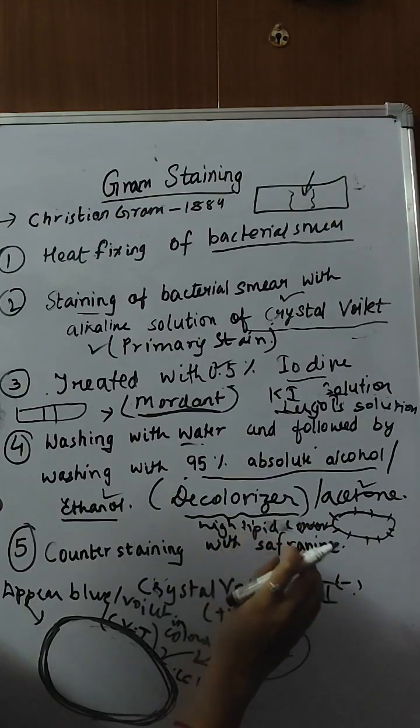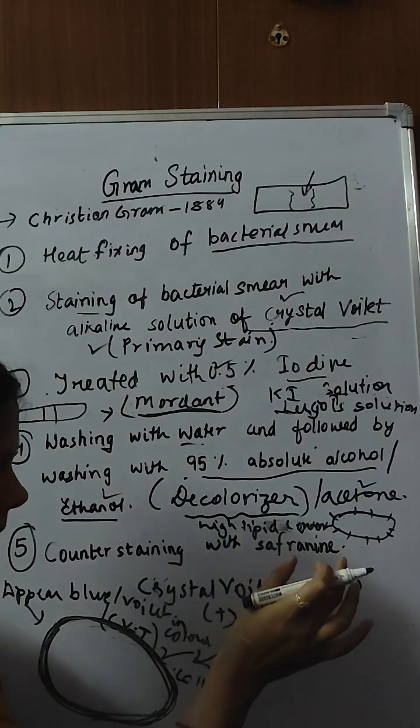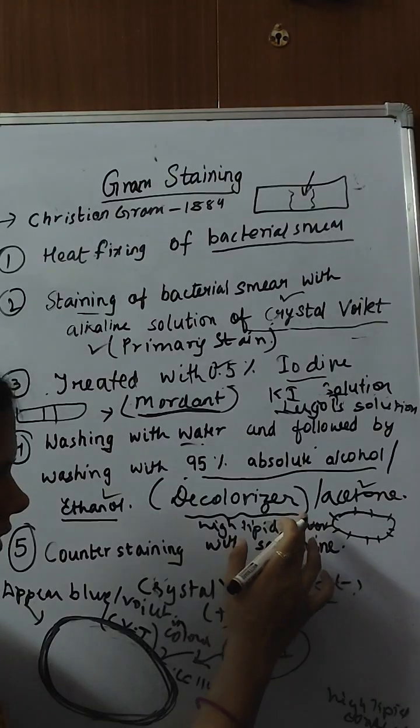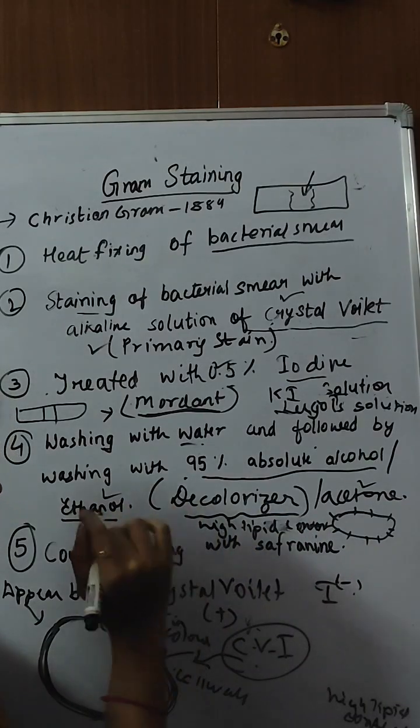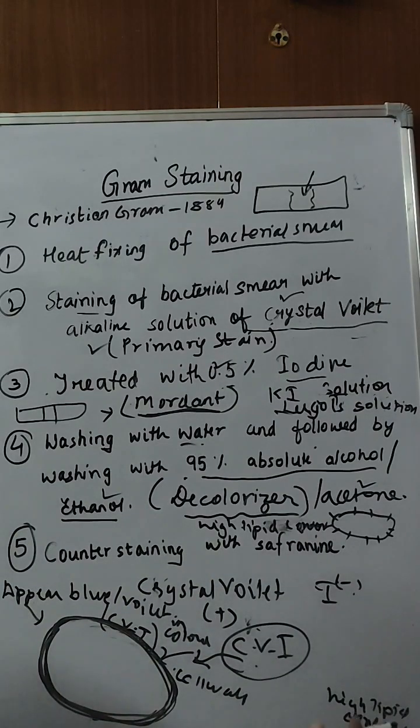If there is a high lipid content in the cell wall, then it is a gram-negative bacteria, because gram-negative bacteria have a high lipid content, and this lipid will get dissolved in the acetone solution.